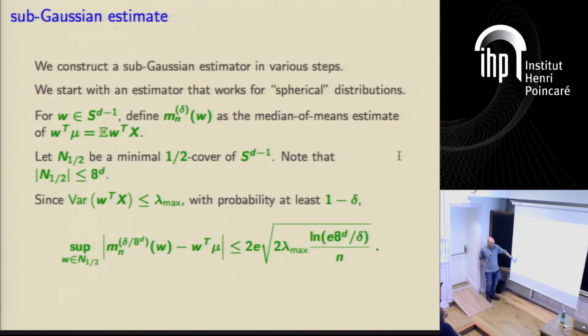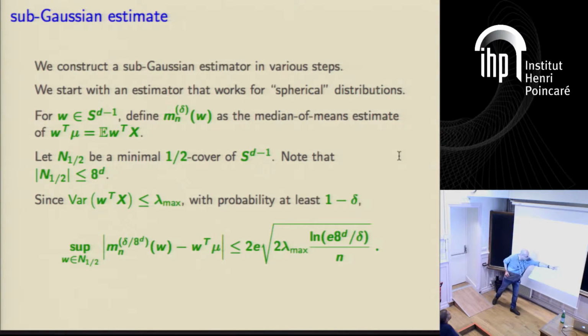from the median of means bound, we immediately have that, you see, I want to use the median of means estimate, this one. I'm going to use it not with the parameter delta, but the parameter delta over 8^d, because I'm going to use a union bound over these 8^d directions. Okay? So then I'm allowed to take this supremum. So with probability at least 1 minus delta, this estimate minus the true mean is bounded by, and this lambda max is the same lambda max for every direction.